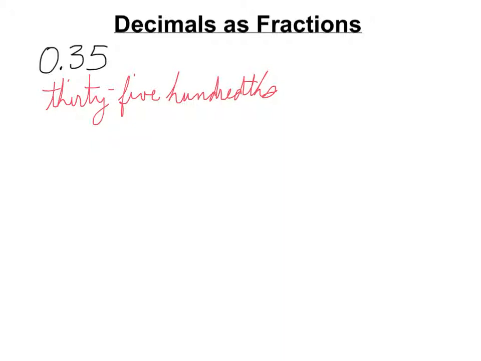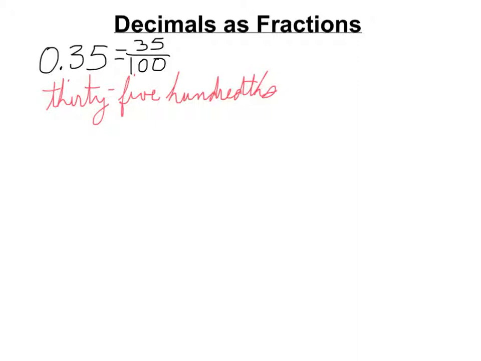Because all I'm going to do now is take this and write this, but as a fraction. So 35 hundredths. So hundredths would mean my denominator is 100. Now, of course, since this is a fraction, we need to remember to reduce it.